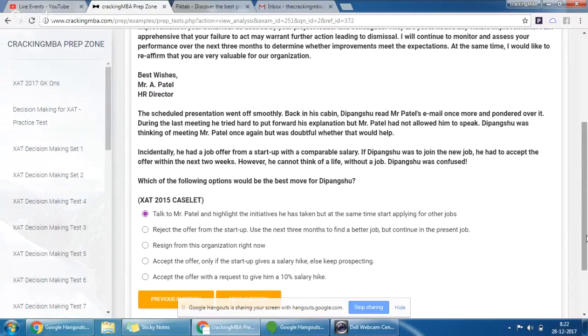Yeah, I think you guys are right. Probably this is the official answer. The offer made is comparable to the present job in terms of salary, so he should accept this offer with some hike. There's no point explaining this point. Okay, guys, I think it's option E.